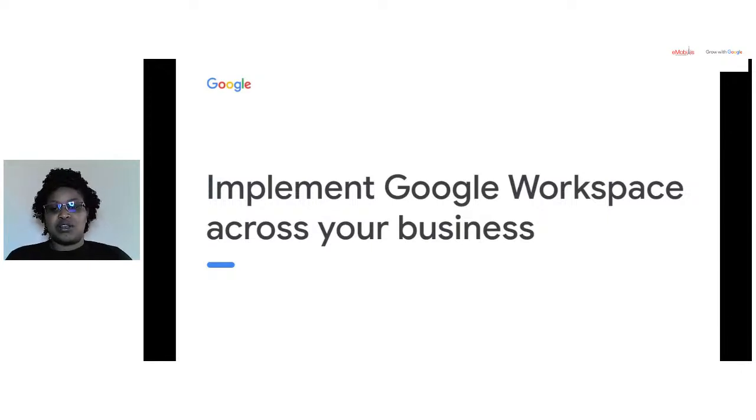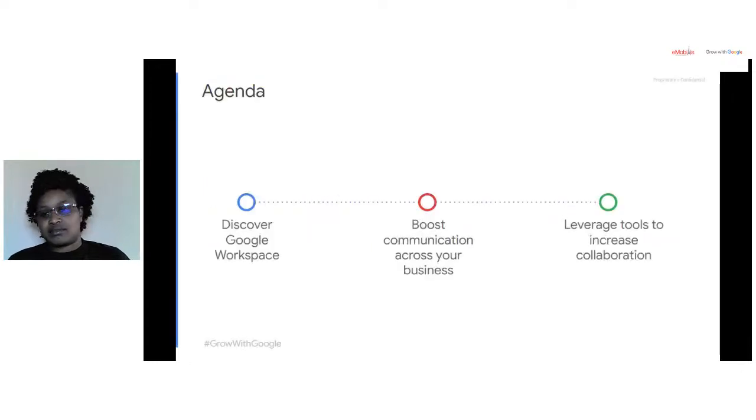So in this second session, we're going to take 1 hour and we are going to discuss how to implement Google Workspace across your business. We have 3 agendas. We'll be discussing how to discover Google Workspace.